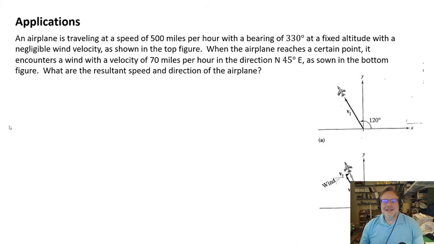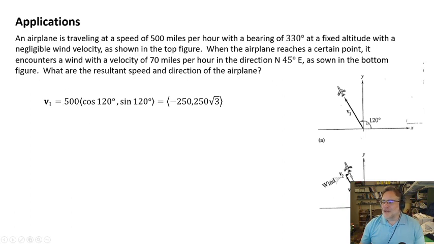Okay, well, this is something where it's a good idea for us to figure out what all these components are going to be. So for V1, this is 500 times an x component that is cosine of 120 degrees, a y component that's sine of 120 degrees. This is getting the direction right since we've got the magnitude correct here.